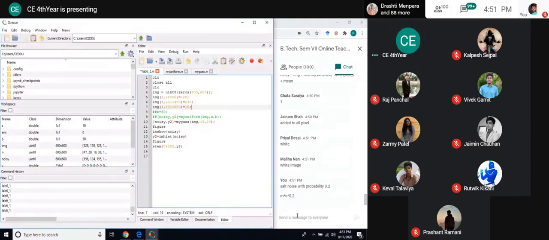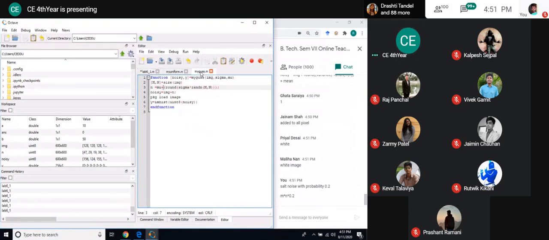How to generate? So give me the code again. I am copying this again. What are my inputs? I am taking it as salt noise, with the image, and I will need a probability.